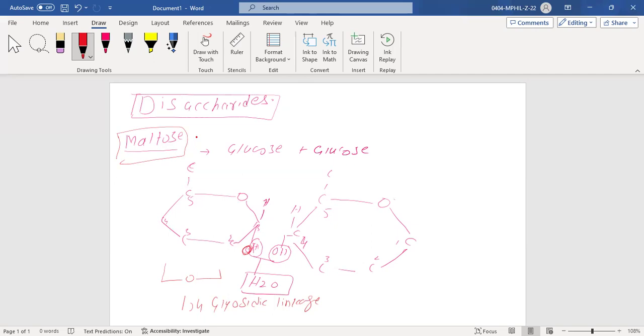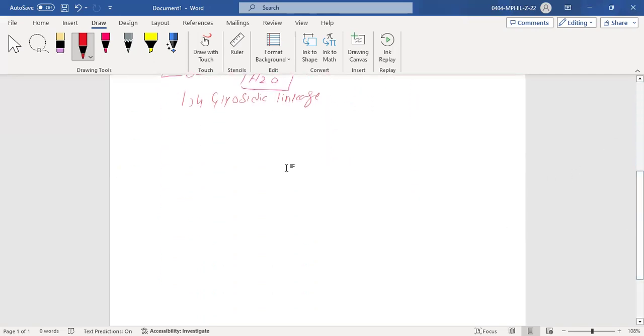But it will be changed in others, like when we are talking about sucrose. How is sucrose formed and what are the monosaccharides involved here? In the case of sucrose, the monosaccharides involved are glucose and galactose. No, glucose and fructose, right?